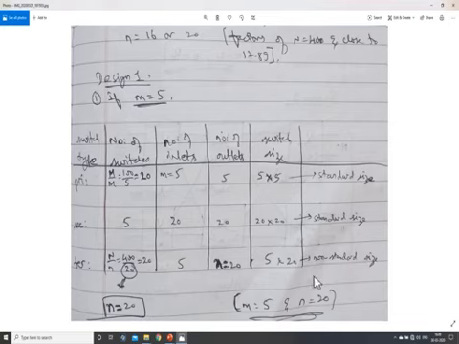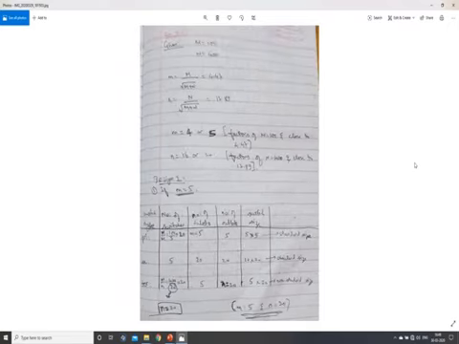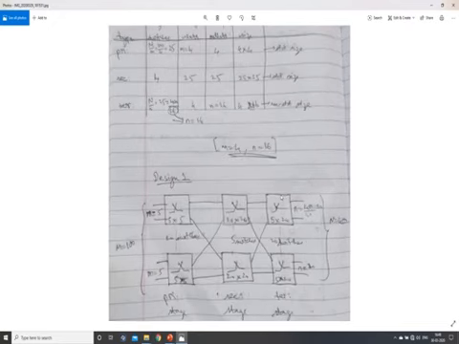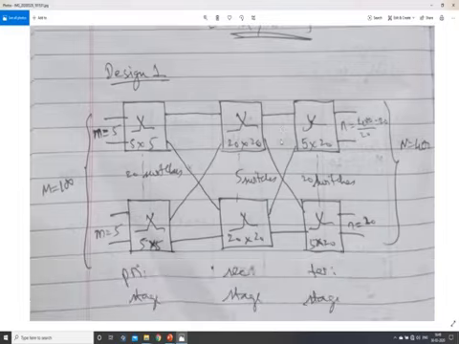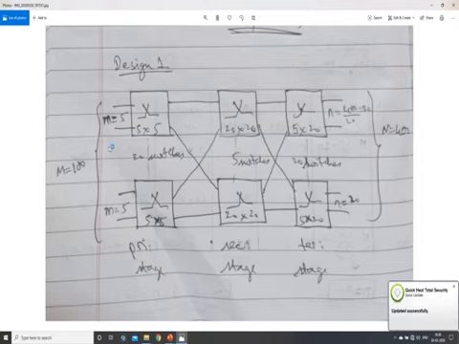Instead of going in the tabular form which we had done for feasibility, we'll look at how we can do it directly using the diagram. So let us consider the first design case wherein m is equal to 5.